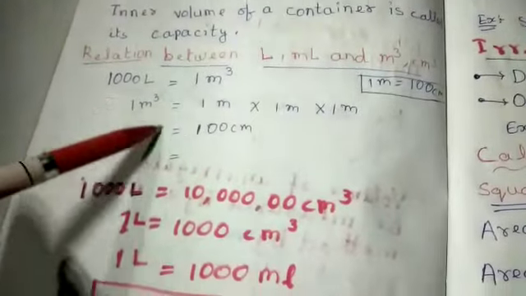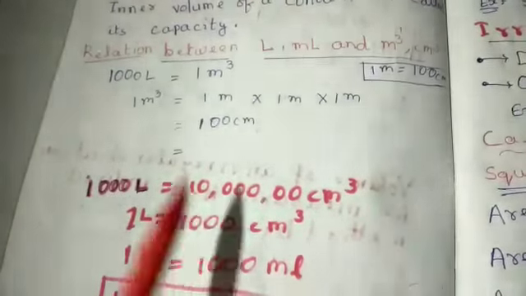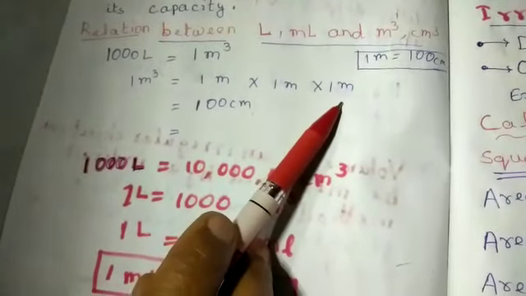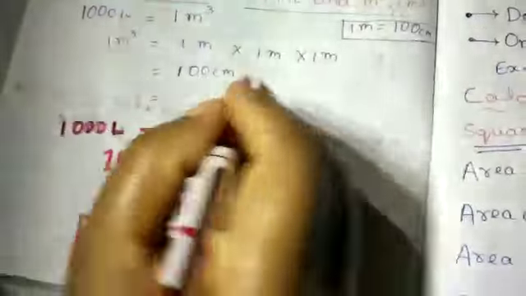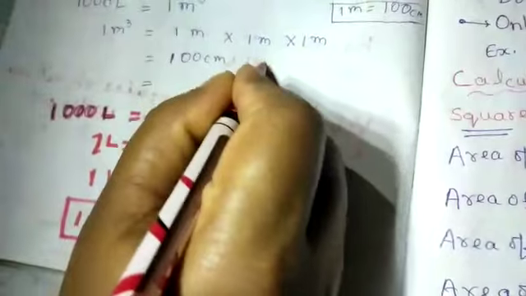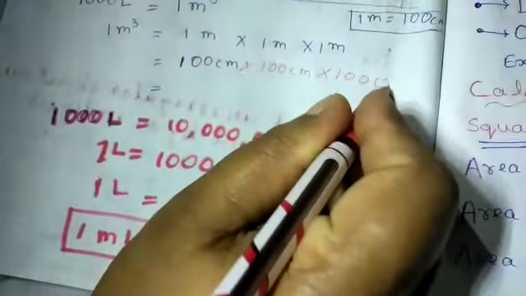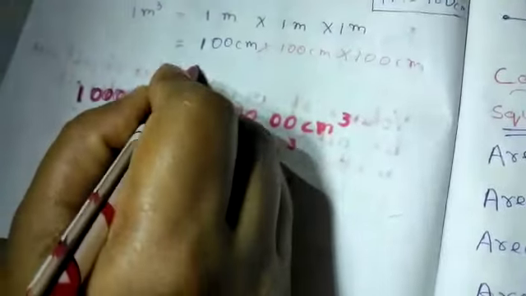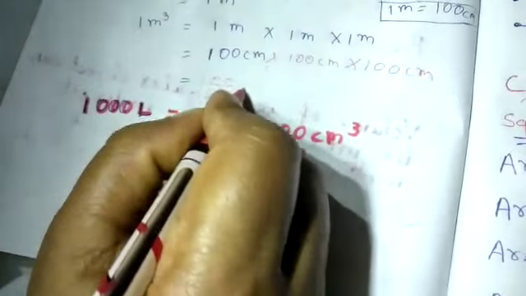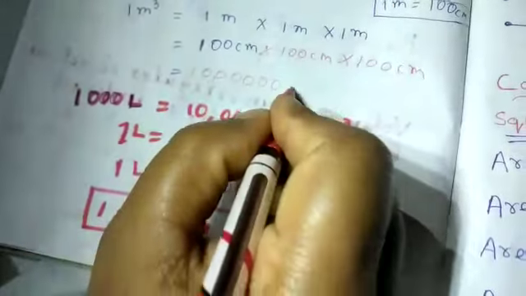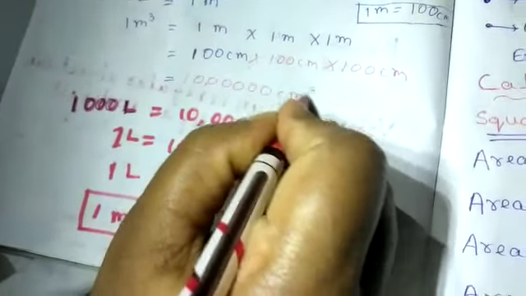So 1 meter cube equals 1 meter into 1 meter into 1 meter, that equals 100 cm into 100 cm into 100 cm, that equals 10 lakh centimeter cube.